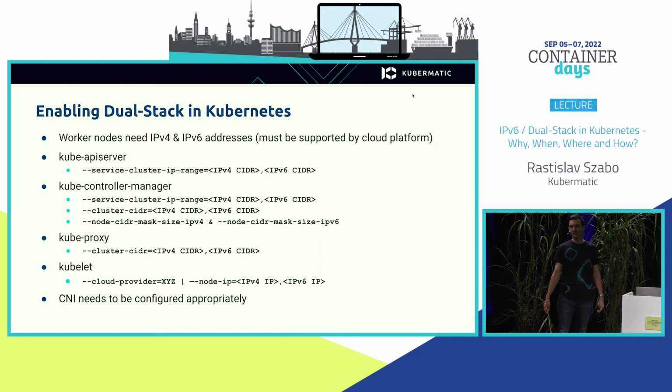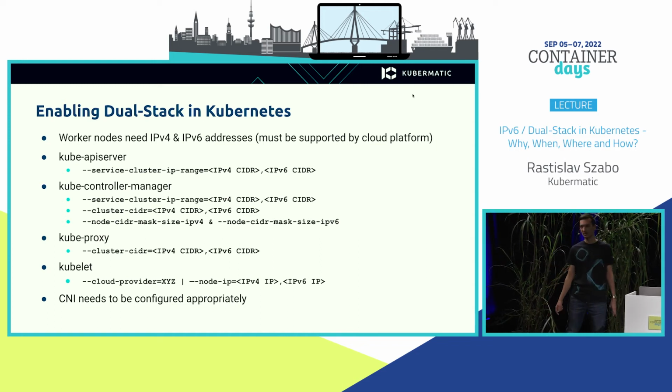Now I would like to show you how dual stack can be enabled in your Kubernetes clusters. First of all, you need to have worker nodes that have both IPv4 and IPv6 addresses. That is something that needs to be supported by the cloud platform you are using for bringing up your worker nodes. Then you need to configure different control plane components with both IPv4 and IPv6 addresses.